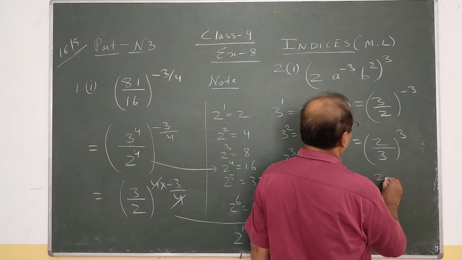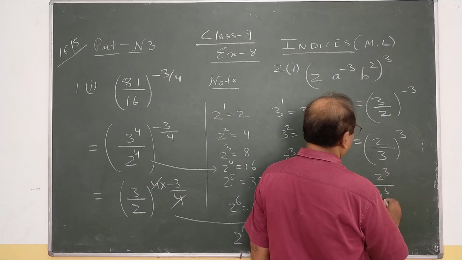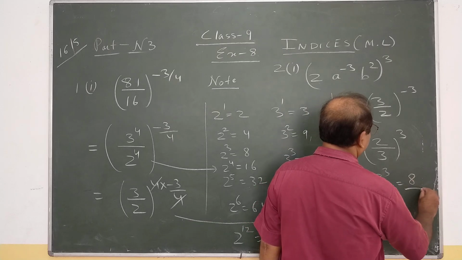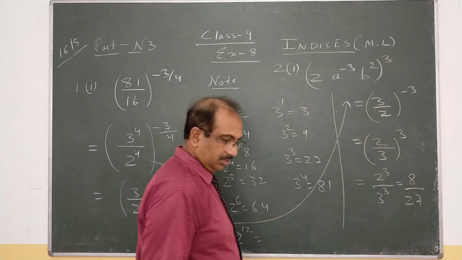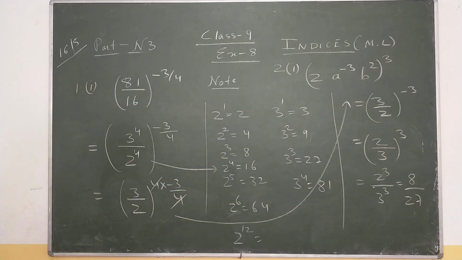So we get 2 cube by 3 cube. So this is 8 by 27, the answer. Then I'll let you know why. So kindly pause the video and copy. Then I will tell you why of that. So the answer is 8 by 27.